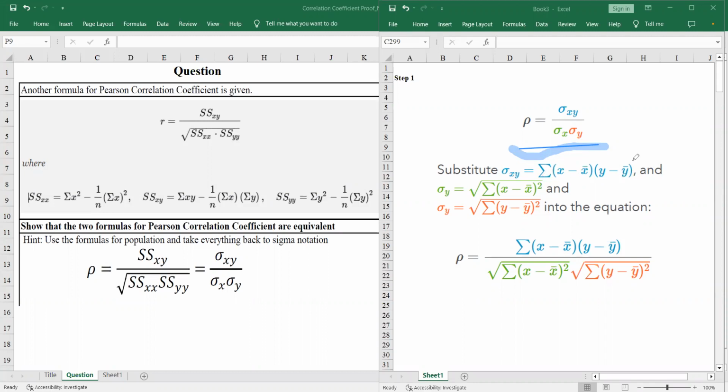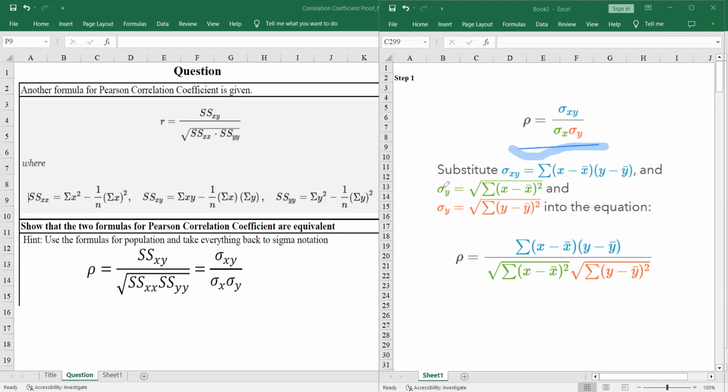So first you have to find this product of x minus x bar and y minus y bar, and then sum all the values to get the covariance between x and y, the form of a covariance, not the complete one.